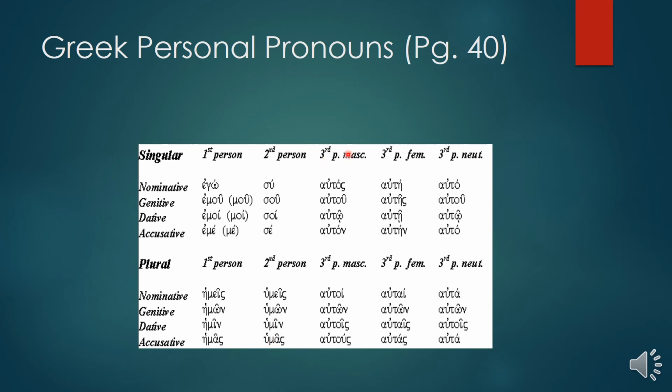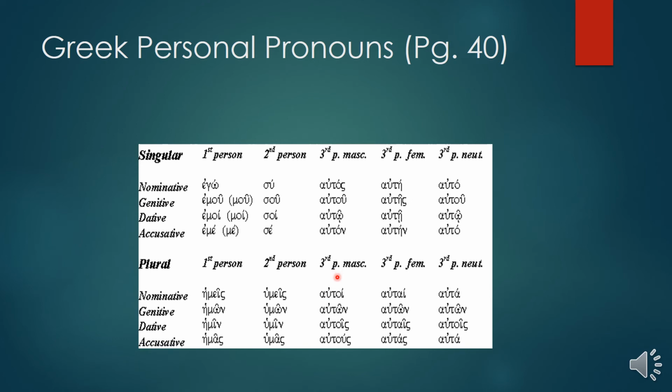Now, the third person masculine pronoun, he, is autos in Greek. Ending os. Autou is of him, auto is to him, on him, dative, locative, instrumental. Auton is him as a direct object of your sentence.